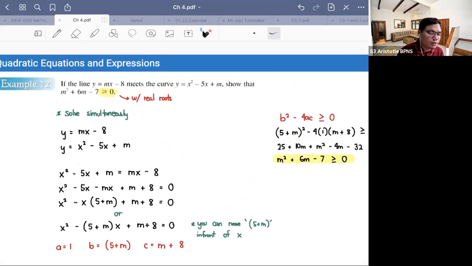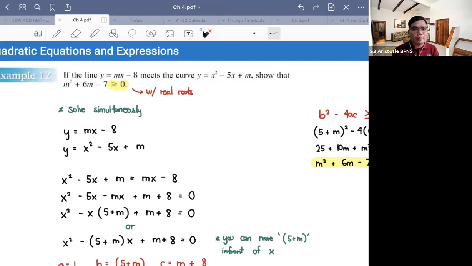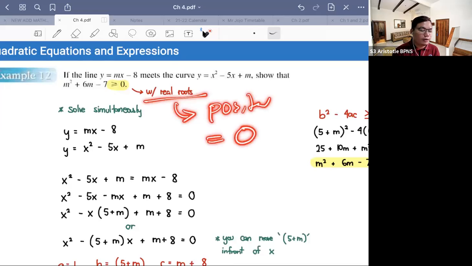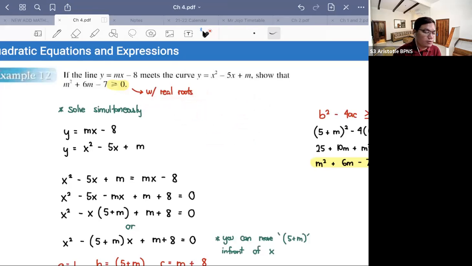If it's greater than or equal to 0, it means with real roots. Now we don't know if it's positive or equal to 0. So that's what we're going to find out for this example.